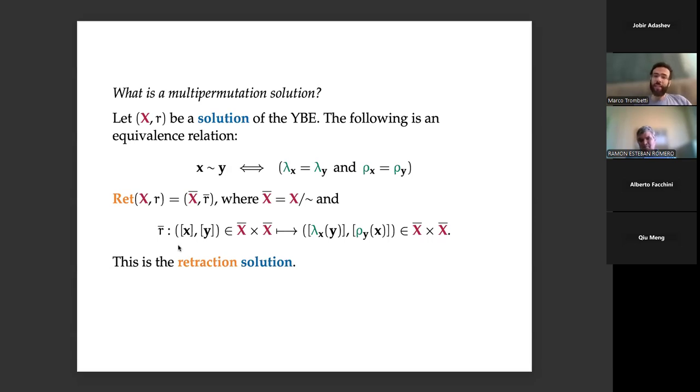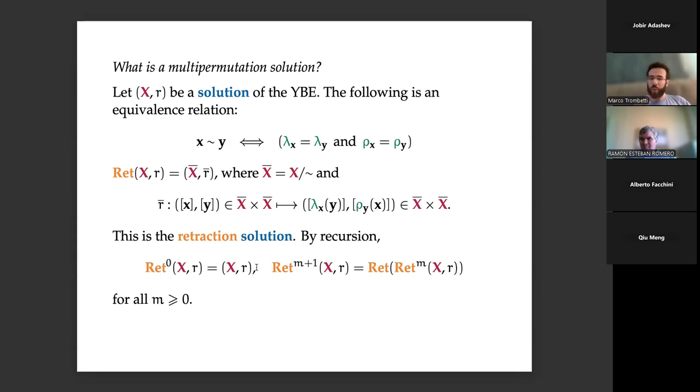And in this case, we do something similar because if you want to define a multipermutation solution, you need to recursively define the retractions. So for example, we just put by definition that the zero retraction of the solution is just the solution itself. And you define the n+1 retraction by taking the retraction of the nth retraction of the solution.